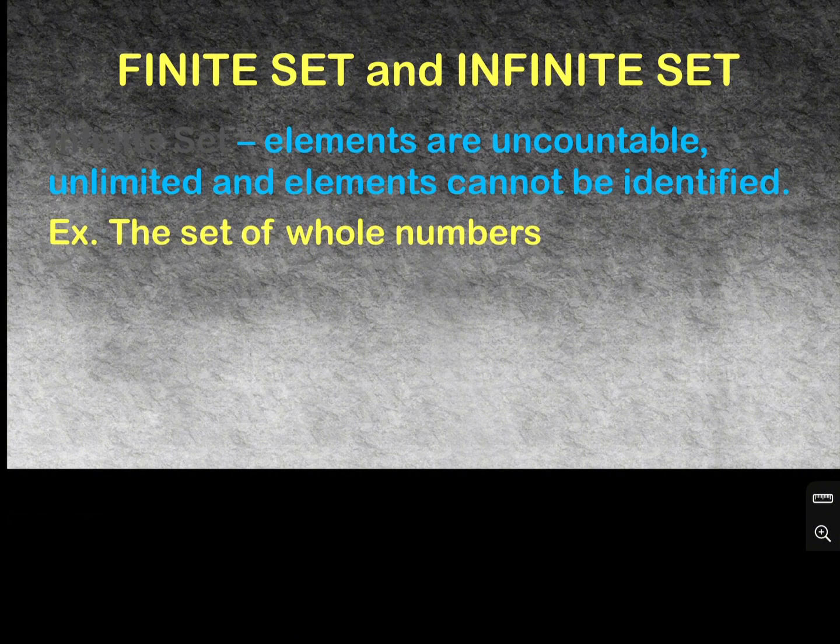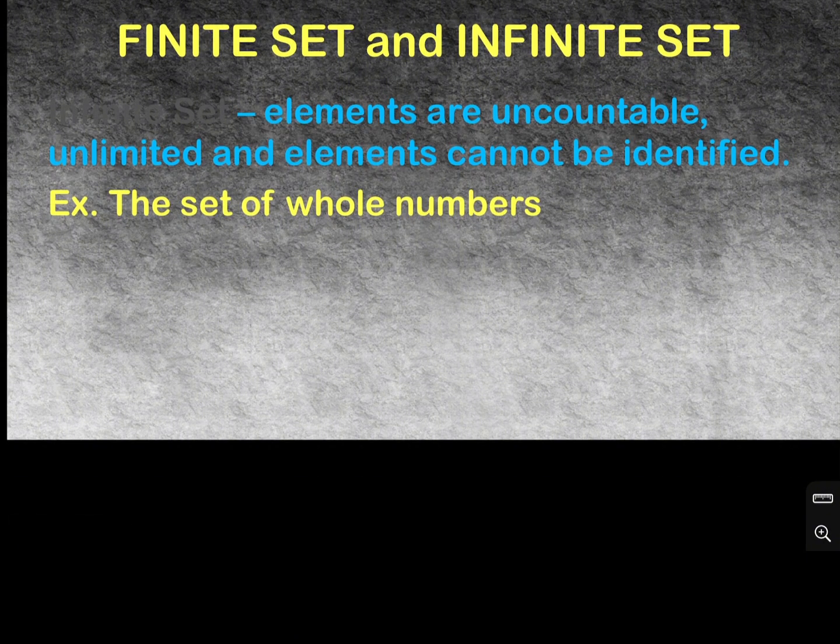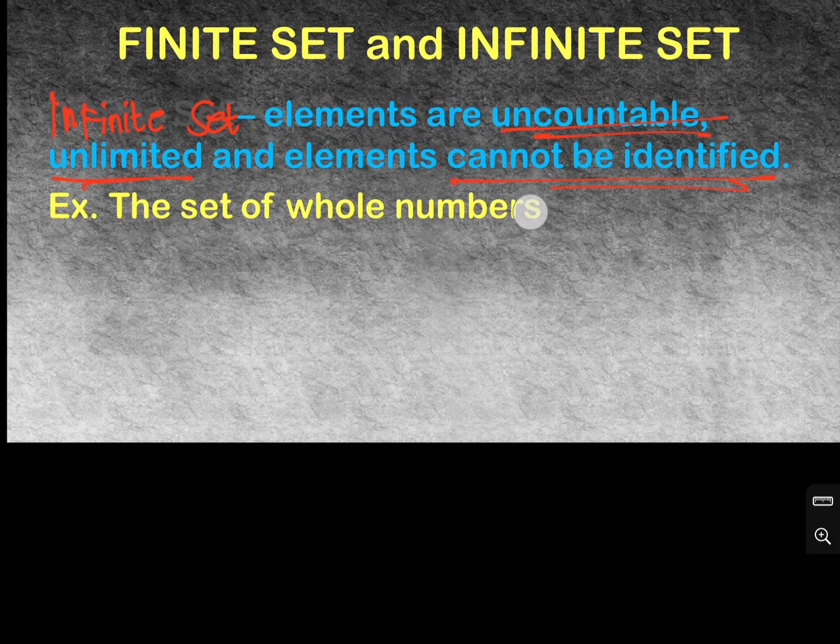Now let's move on to infinite set. Infinite sets have elements that are uncountable, unlimited, and cannot be identified. So that's the definition of infinite. Example, the set of whole numbers.